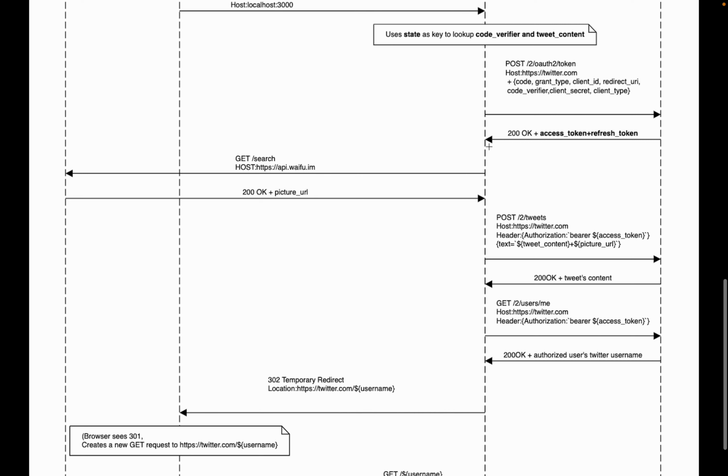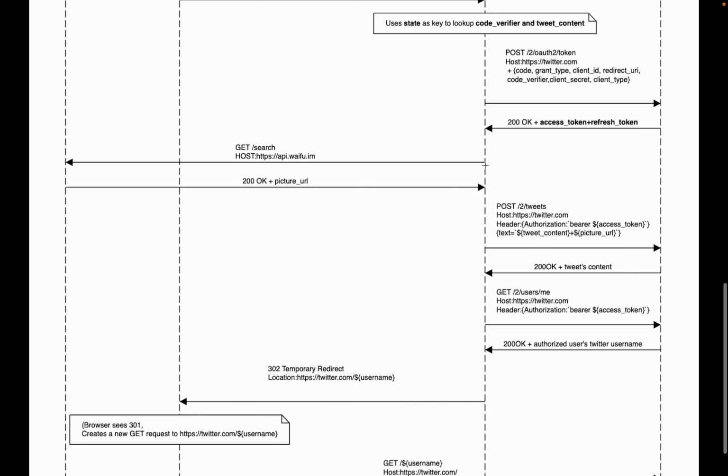And then as the server gets this access token, we're going to make a request to the second API. The second API is a public API. It does not require any authentication. So we just do a GET method to the second API.